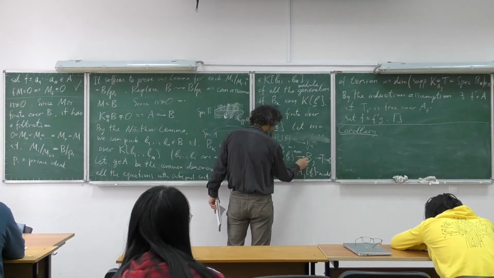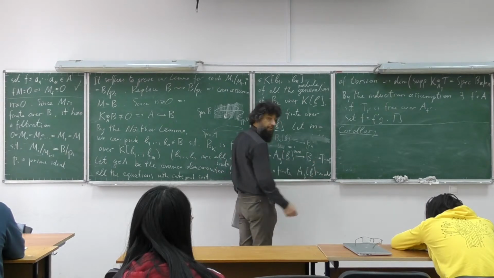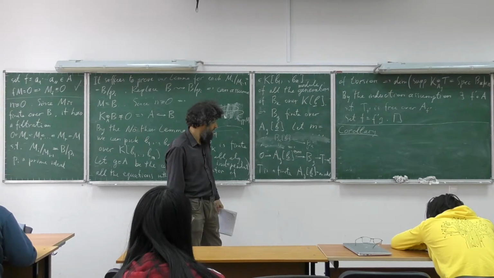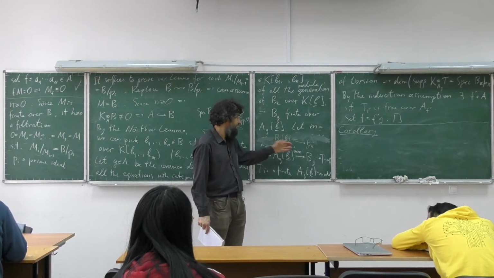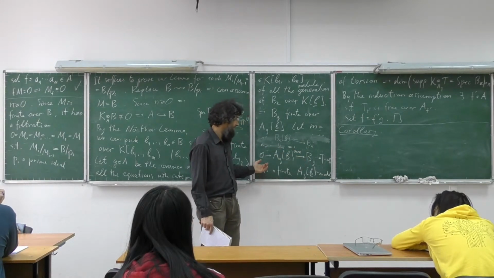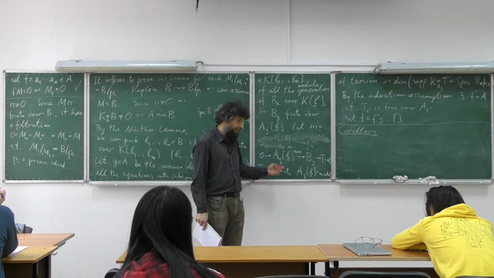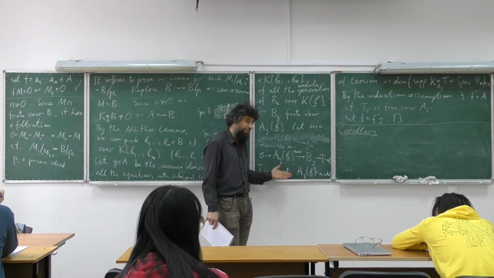But this embedding is an isomorphism generically. So the quotient. What do you mean by this embedding is generically an isomorphism? Well, if you replace A by K, its fraction field, then it's an isomorphism.